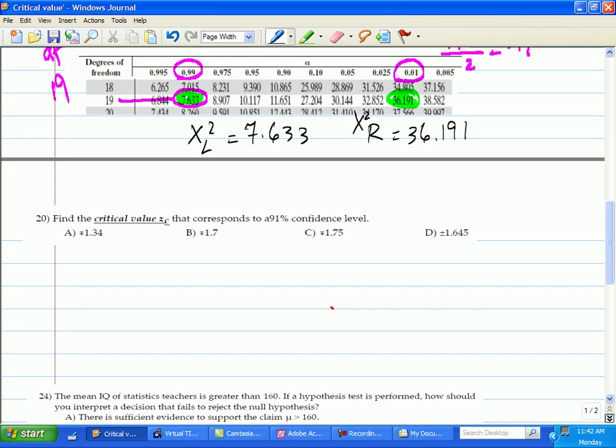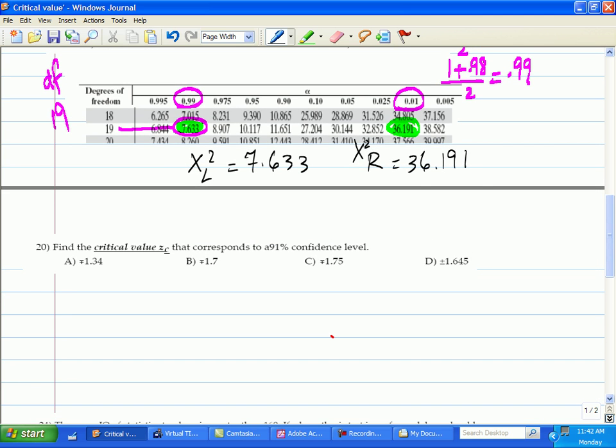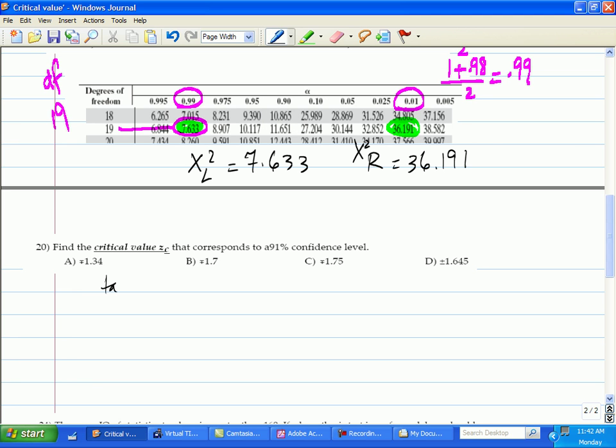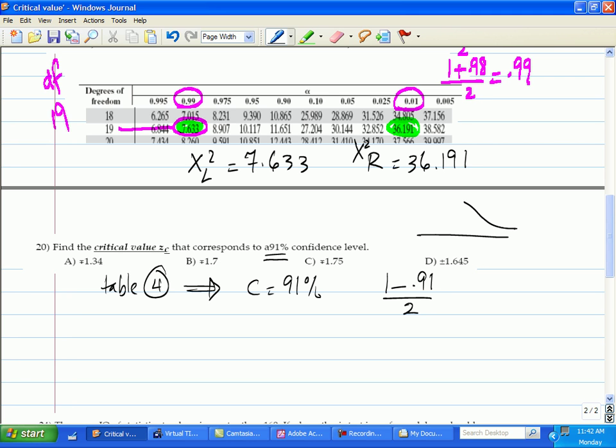Here's another one, and this one is finding the z critical value. Therefore I will be looking at table 4, but this time they gave me C equal to 91%. To find this, I'm going to say 1 minus 0.91 divided by 2, because if you remember the graph of the critical value, this is C, so I'm looking at the tails.